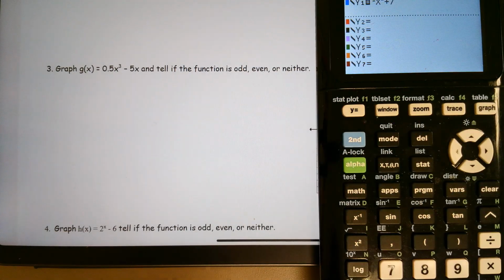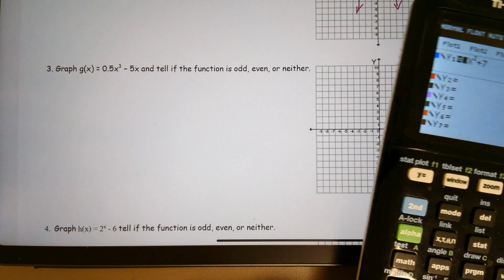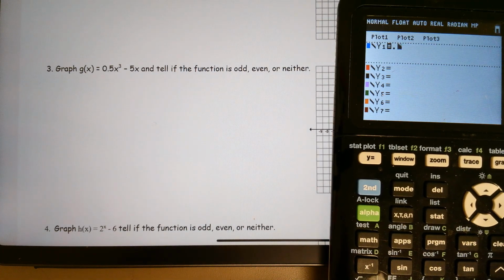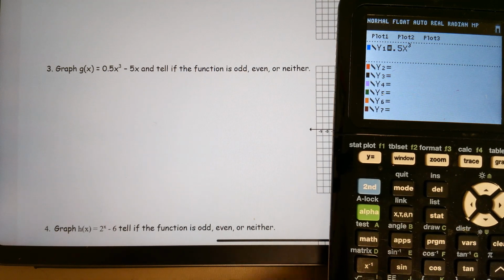Number 3, g of x equals 0.5 x to the third minus 5x.